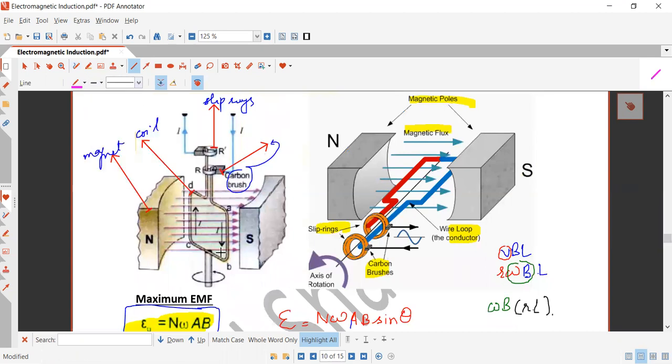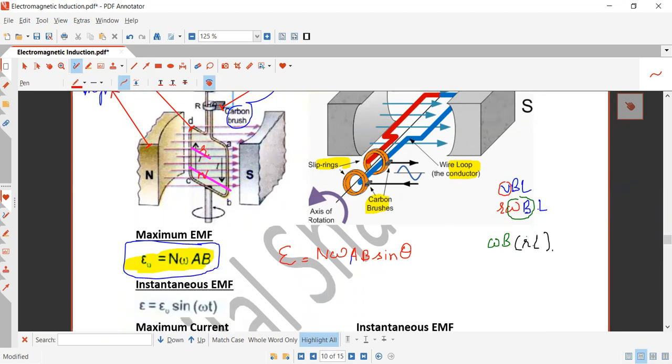Here is the width W, and the half of it is the radius R. So radius R is half of W, or I can replace the radius R by half of the width, right, students?